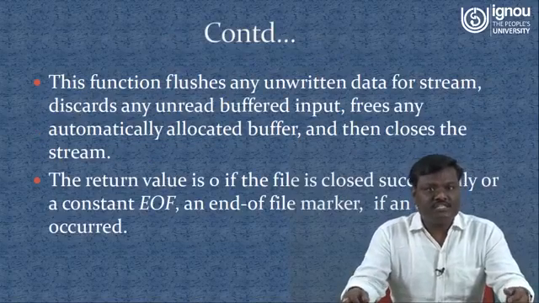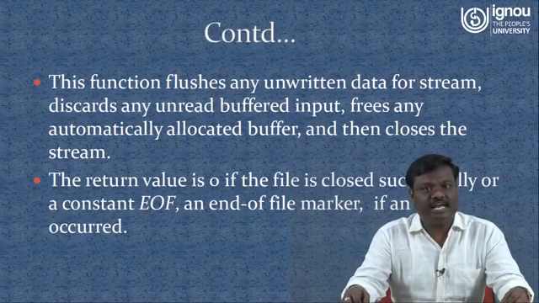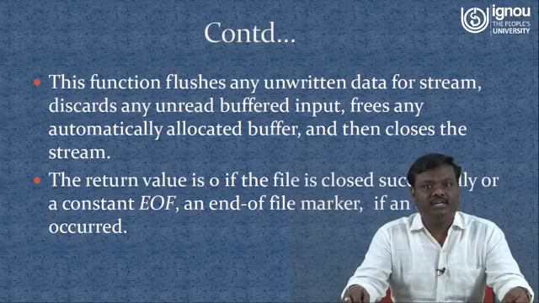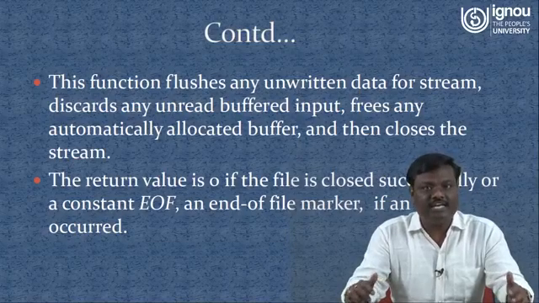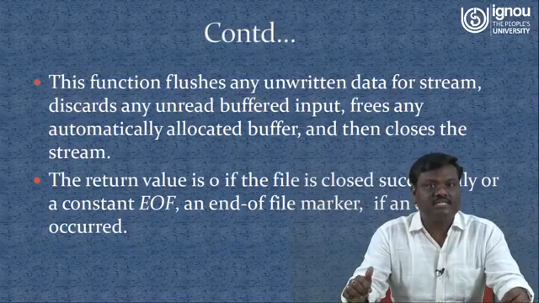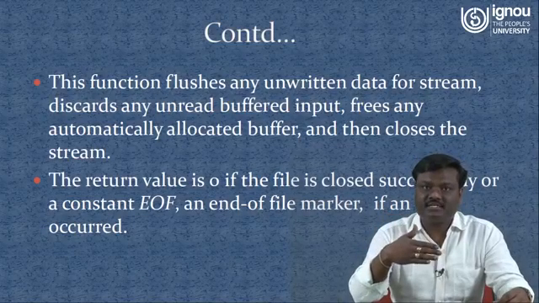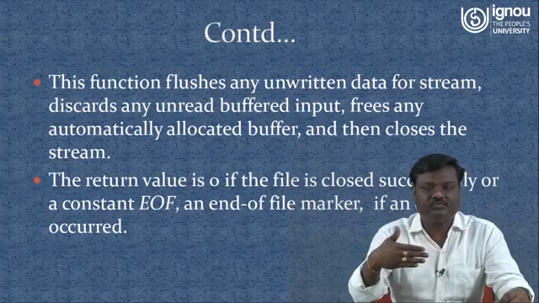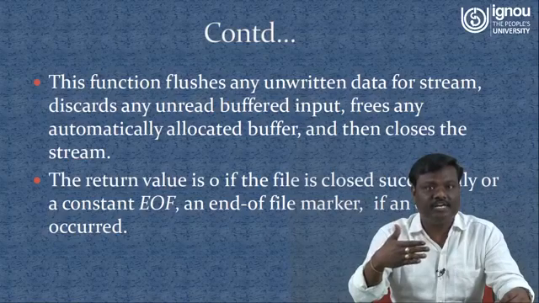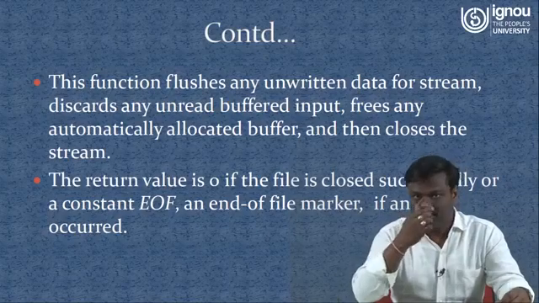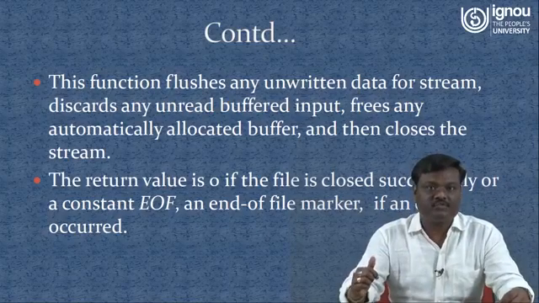This fclose function flushes any unwritten data for the stream, then discards any unread buffer input, frees any automatically allocated buffer and then closes the stream. So the streams, as we had seen, the standard input stream, standard output stream and standard error stream, will be freed and closed along with the fclose statement.